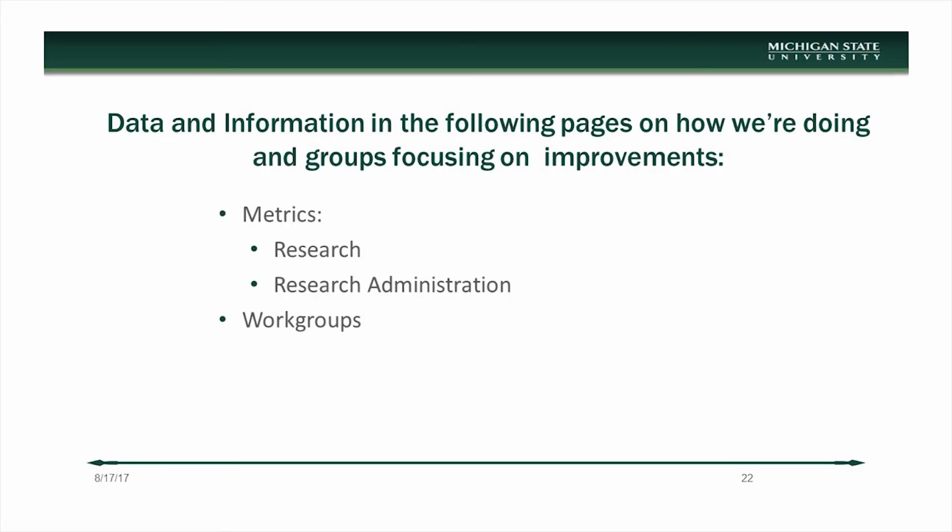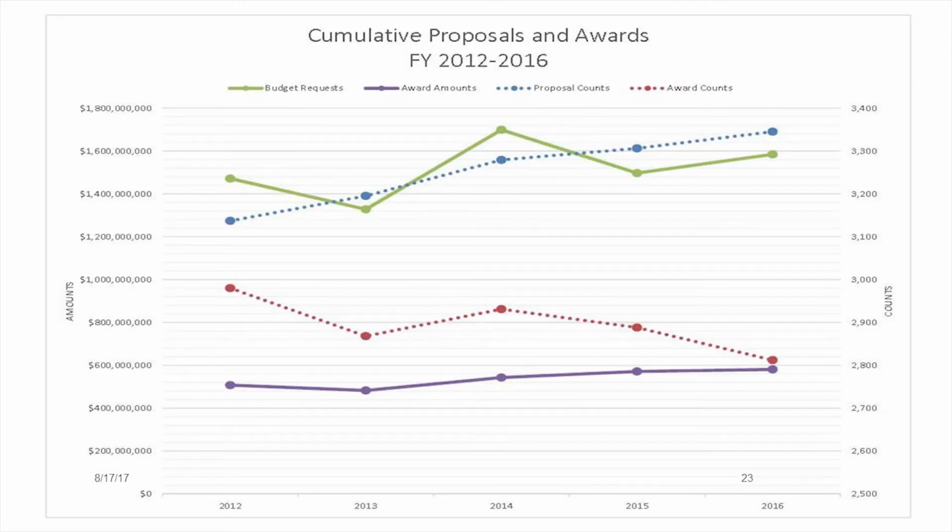I'm going to cover just a few metrics because I want to share a couple things with you. The research and research administration metrics, if you want to look at what MSU's done in terms of counts for proposals and awards, you can see the dotted line is the counts, and the solid line is the awards and the proposal dollars.